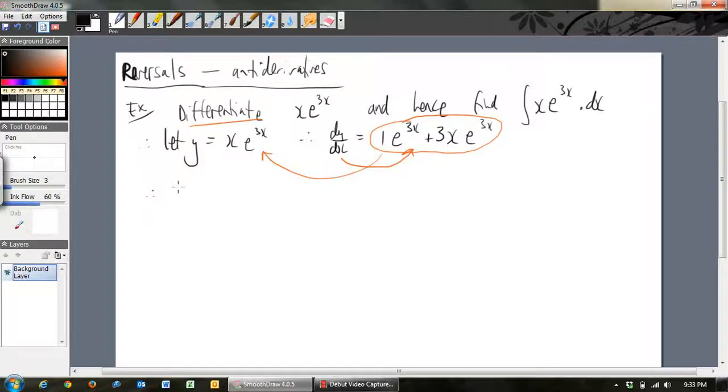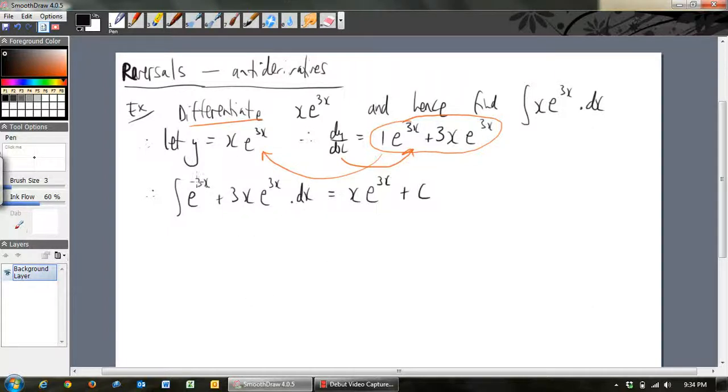The integral of e to the 3x plus 3x e to the 3x dx is equal to, going in the opposite direction, x e to the 3x plus some constant c. Hopefully you can see what I've done there. We've gone in the absolute opposite direction.